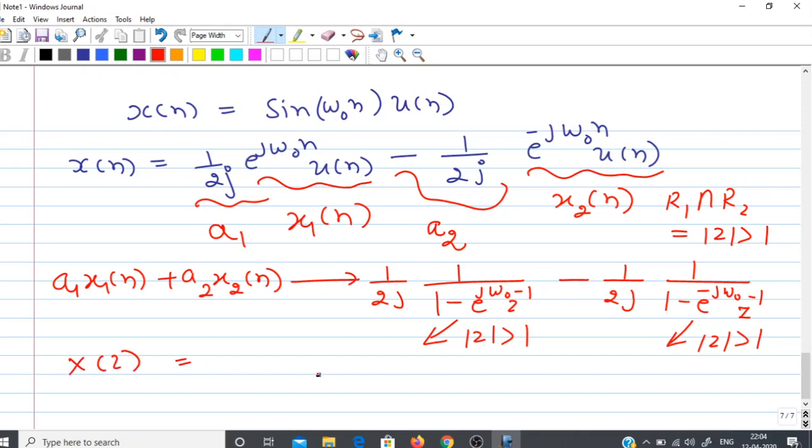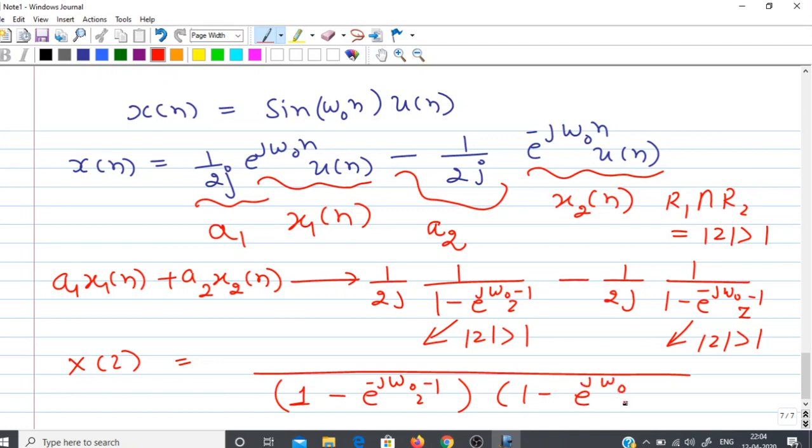Again, if you take the LCM, it would be the same as before: 1 minus e to the power minus j omega naught z inverse multiplied by 1 minus e to the power plus j omega naught z inverse, and then there is a 2j factor outside.